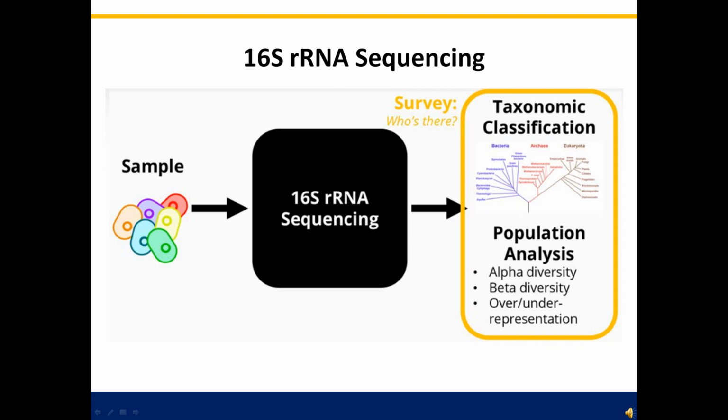Once we get the 16S rRNA sequences, we classify their taxonomy and say whether it belongs to a bacterium, an archaeon, or a eukaryote. Of course, if you use 16S rRNA sequencing, we will have only bacteria and archaea. Further, we do population analysis, like alpha diversity and beta diversity, and see which community is overrepresented or underrepresented, which is dominant, and which plays a crucial role.